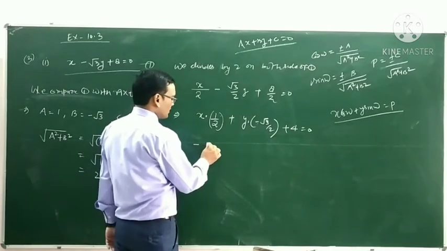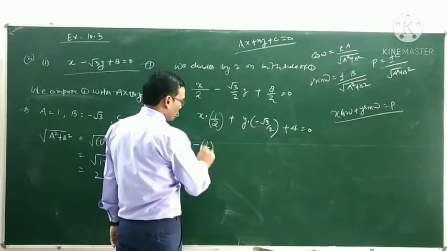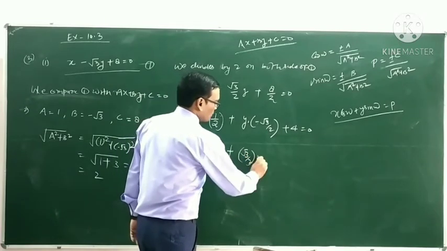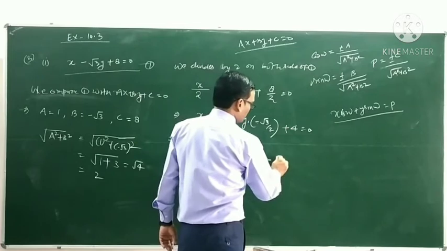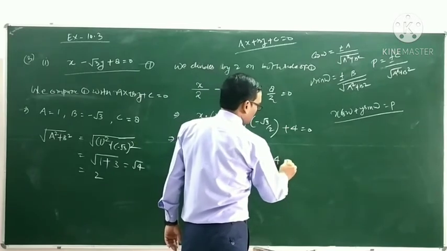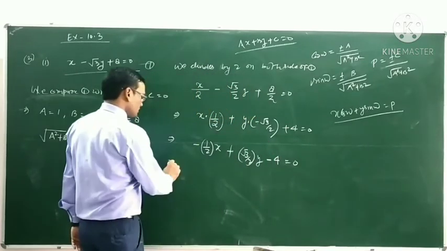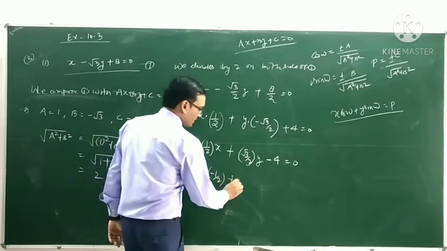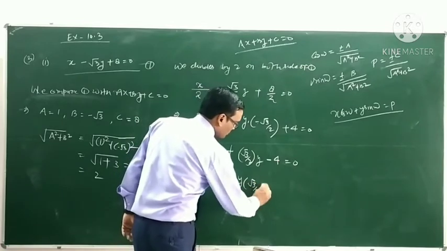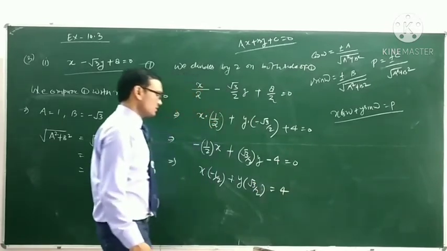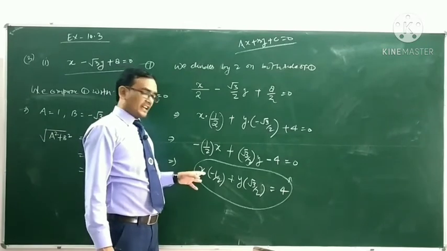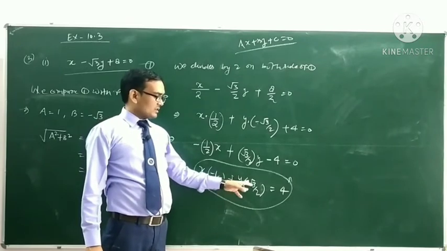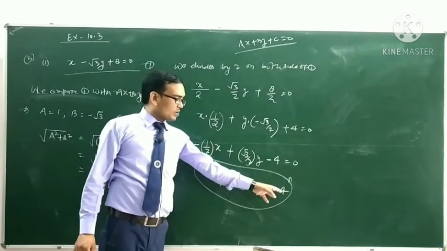Minus 1 by 2 x plus square root 3 by 2 y minus 4 is equal to 0. This implies that x into minus 1 by 2 plus y into square root 3 by 2 is equal to 4.